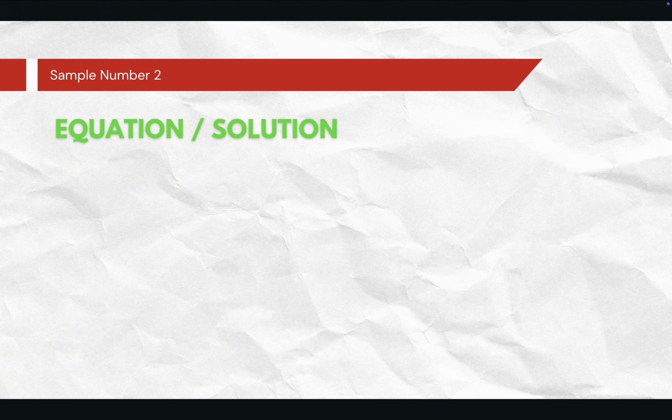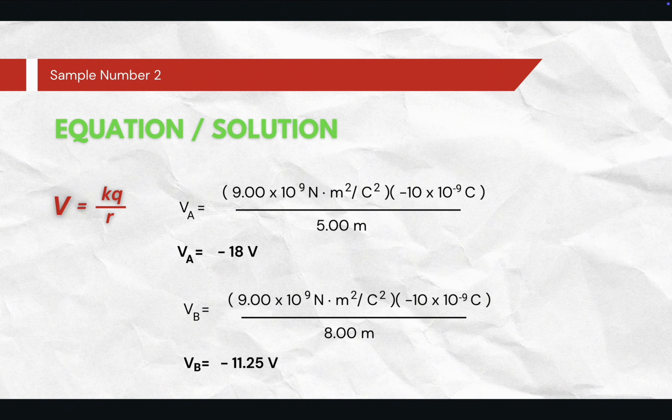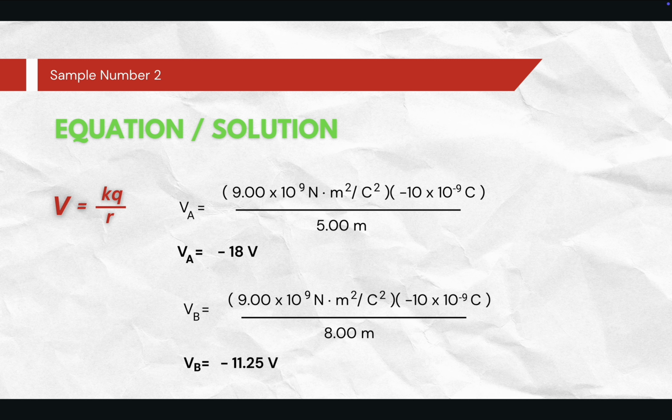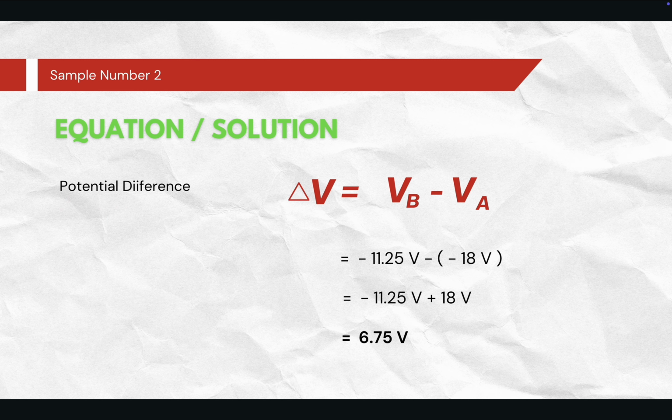Ganun lang kadali. And then, kukunin rin natin yung potential difference itong problem number 2 natin. So, yung V ng point B is i-minus natin dun sa V ng point A. So, negative 11.25 V minus negative 18 V. Di ba pag yung negative, i-minus natin sa negative is magiging positive, pag nagkatabi yung negative and negative na sign, magiging positive siya.